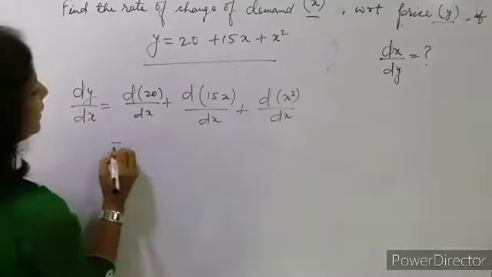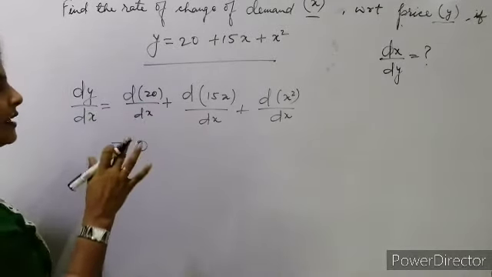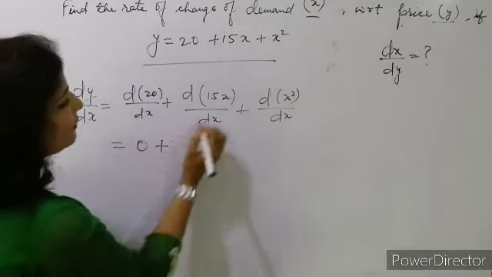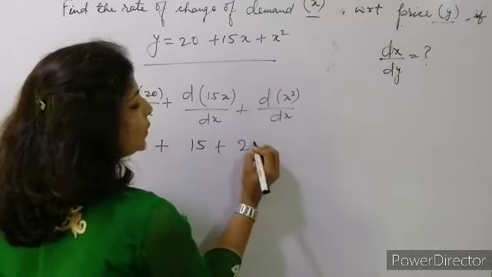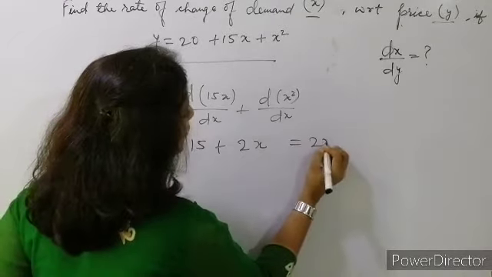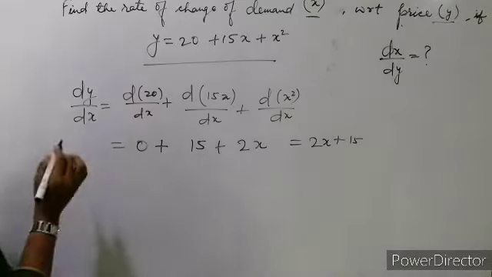It will be 0, because the derivative of any constant value with respect to x is 0, and 15x gives 15, and x square gives 2x. So the value we are getting is 2x plus 15. This is the dy by dx.